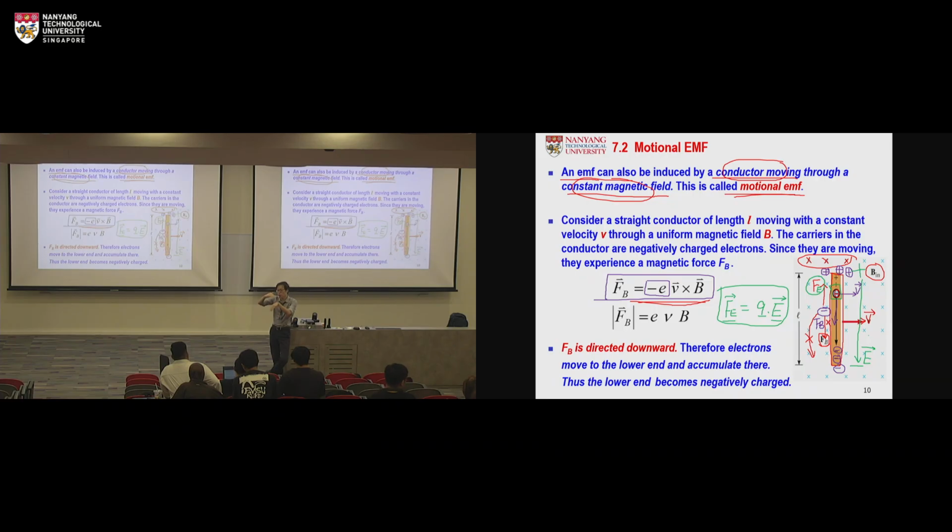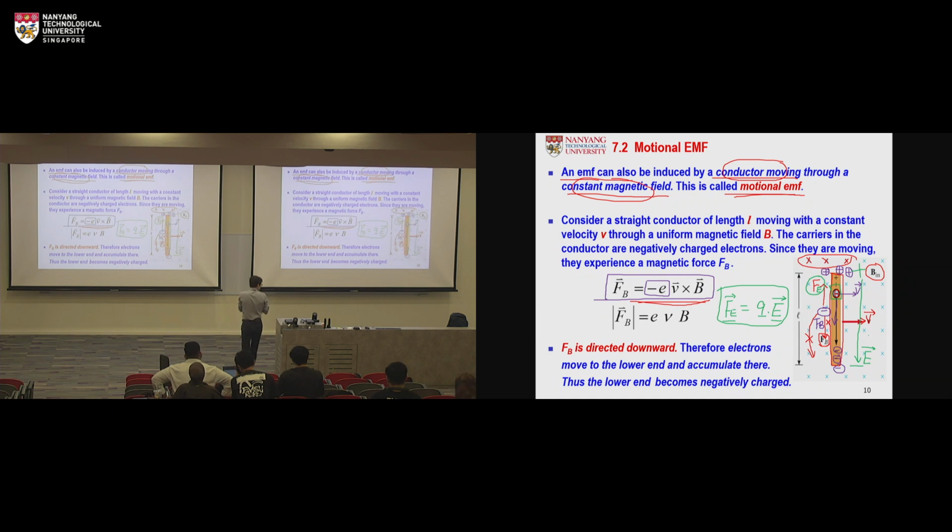And once you gradually build up this charge accumulation, more and more electrons accumulate on the lower end, and at the same time more and more positive charge accumulates on the upper side. That is to say, the potential difference between these two points and the electrical field E gradually increase. If E gradually increases, of course, if you look at that formula, Fe also gradually increases.